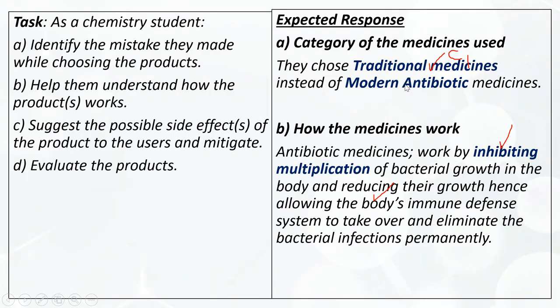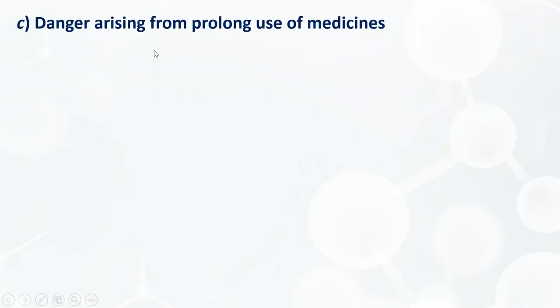Let's look at part C, possible side effects. We are still looking at side effects of the antibiotic. And finally, we look at evaluation of the products, which is still evaluation of the traditional antibiotics and the modern antibiotics. So let's look at dangers which are rising.